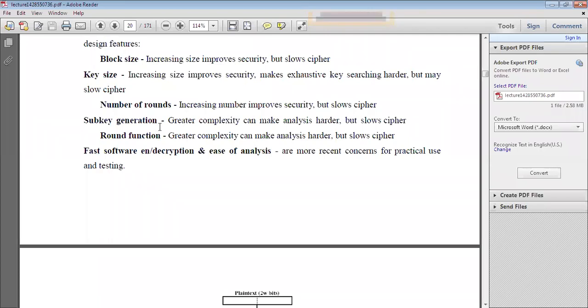Sub-key generation. The analysis part is harder compared to sub-key generation. You have to take the cryptanalysis part. In cryptanalysis, without knowing the key, you want to convert the ciphertext to plain text.